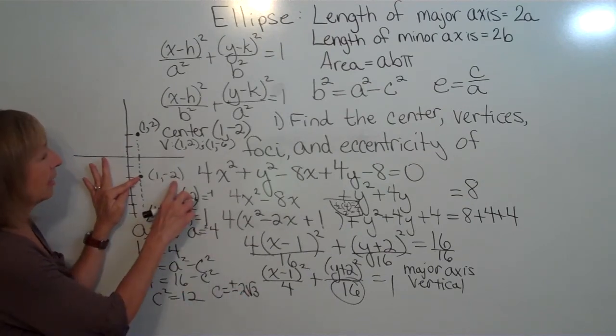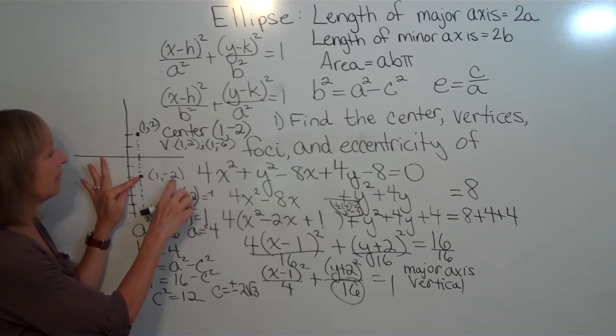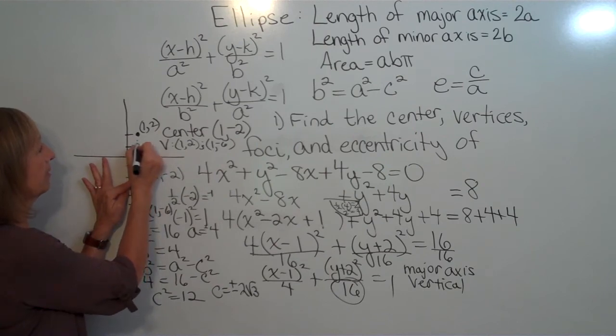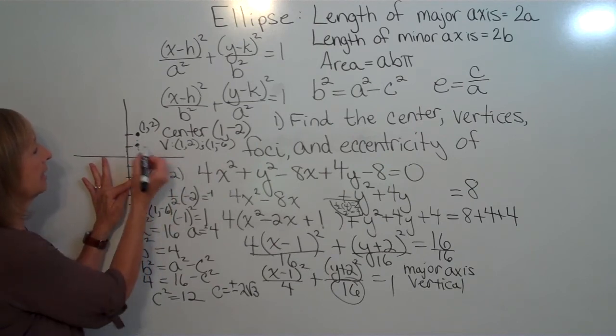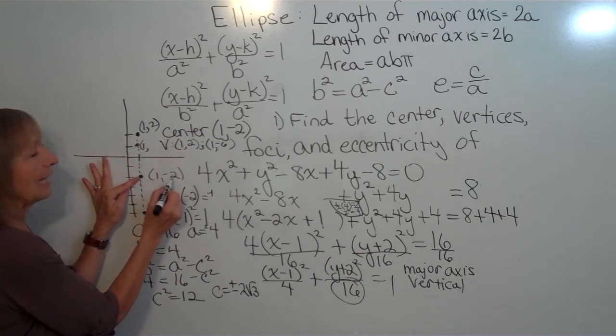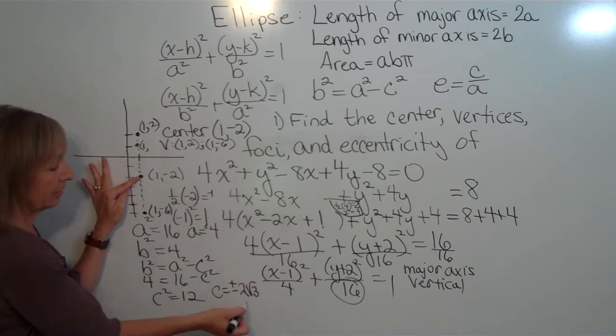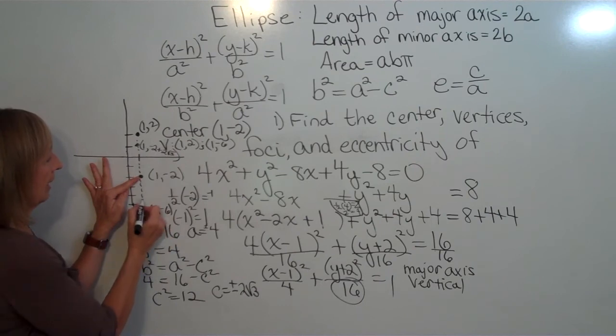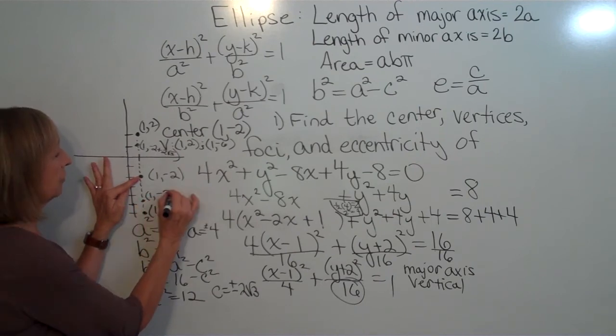So if I'm adding 3.464 to negative 2, I'm going to get a little bit above 1. So my foci is 1 comma, and I'm just going to write it as negative 2 plus 2 square root of 3. And then for this one, it's 1 comma negative 2 minus 2 square root of 3.